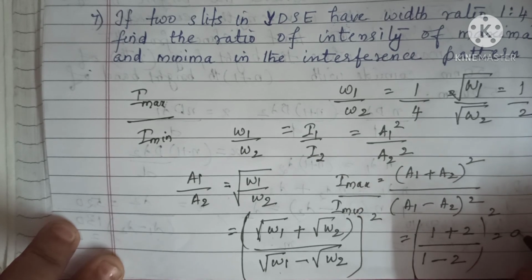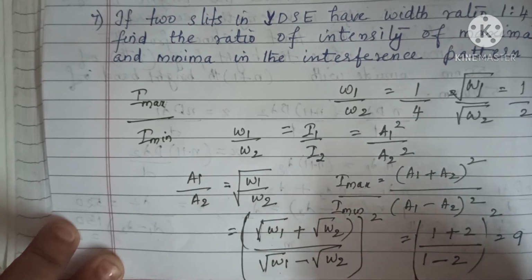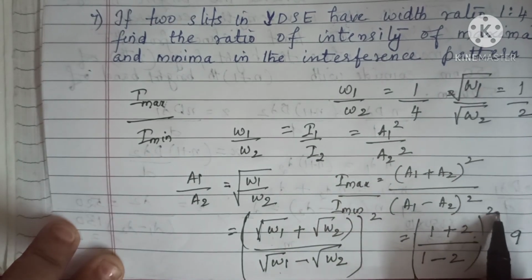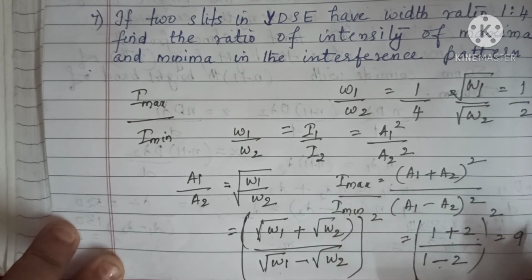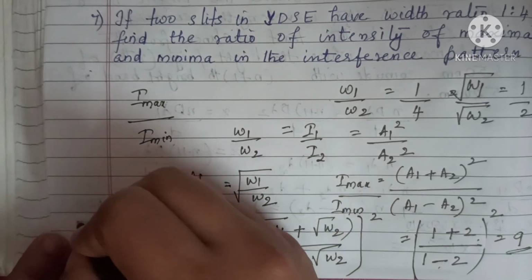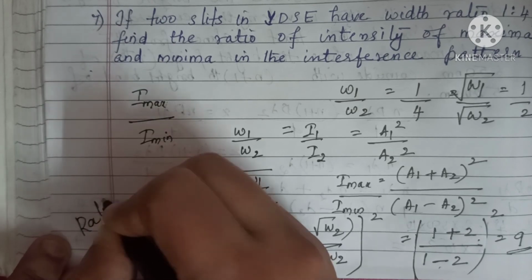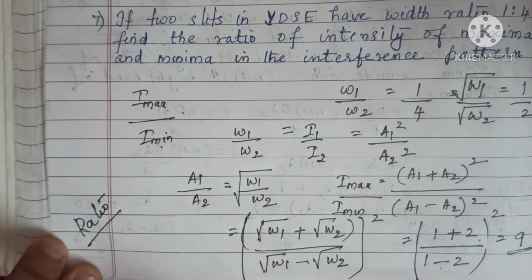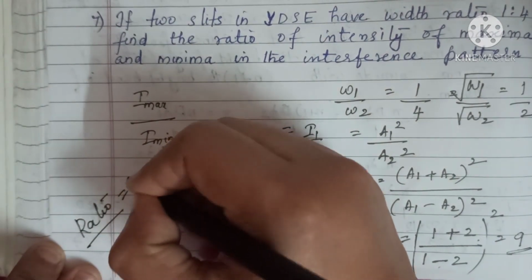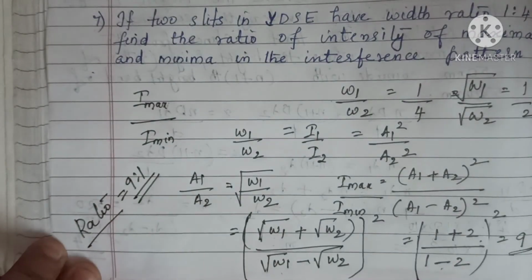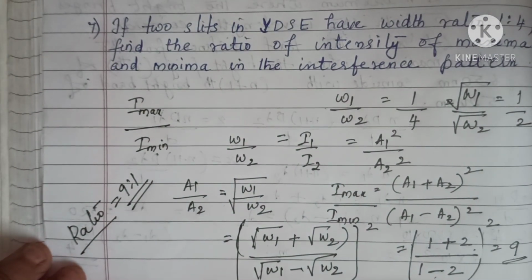That is 3 squared by minus 1 squared, that is 9 by 1. So what is the ratio of the intensity of maxima and minima? It is 9:1. Clear?